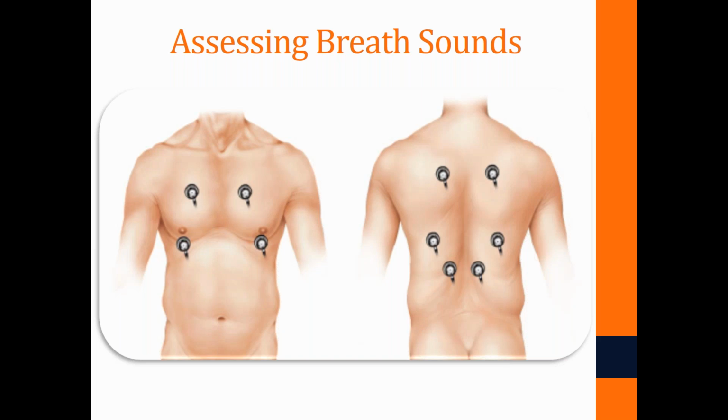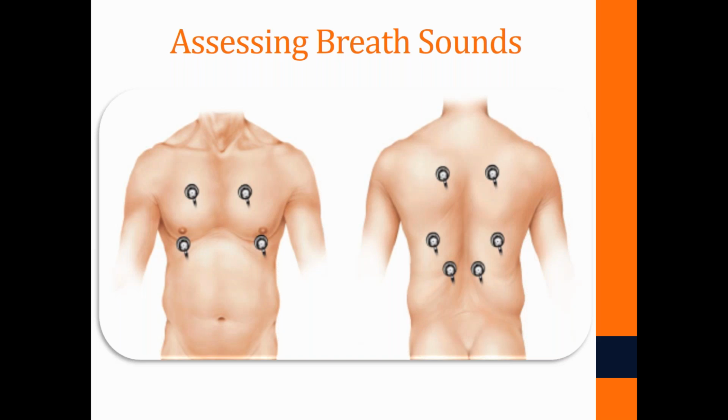They are pretty much the same 6 spots on the back, so this would be in the same general vicinity, same lobe of the lung. This is what we'll call the posterior midclavicular line. This would be in the area of the apex of this patient's left lung, and then we'd get down towards the middle and the base of that left lung.